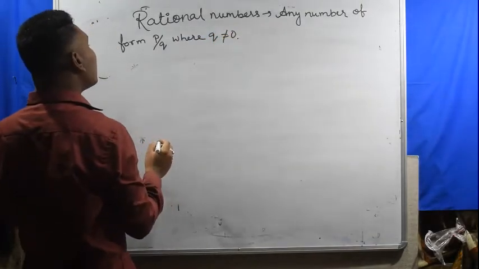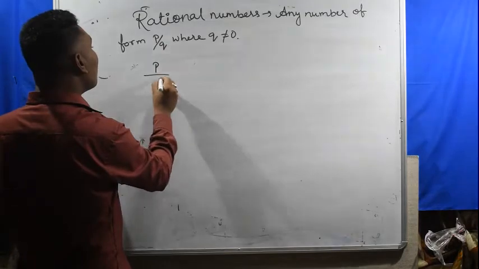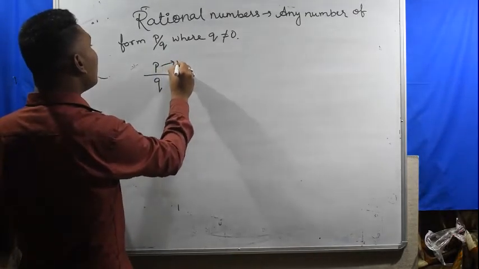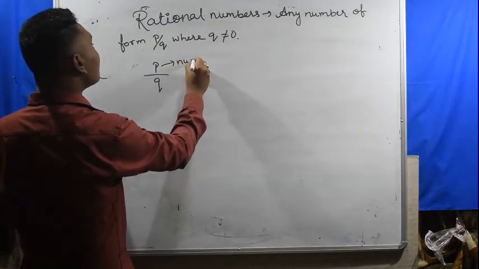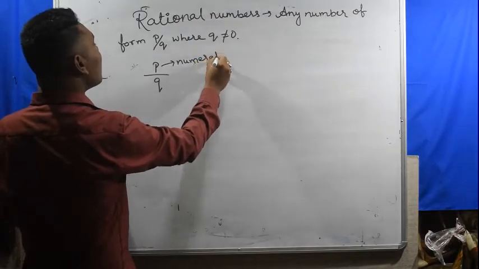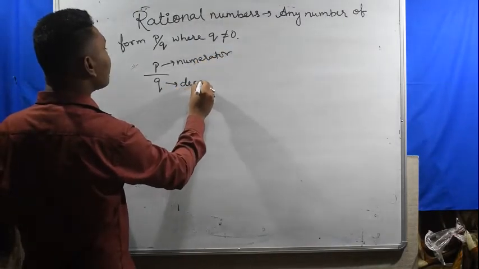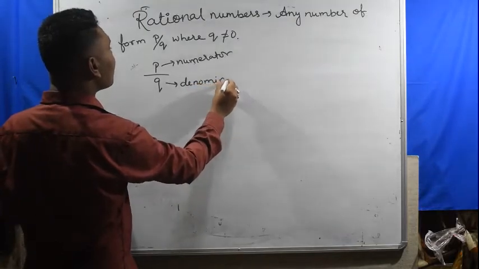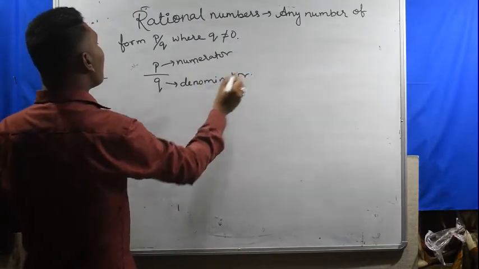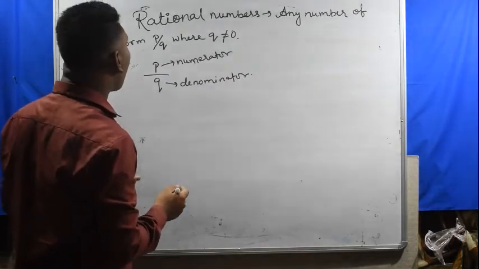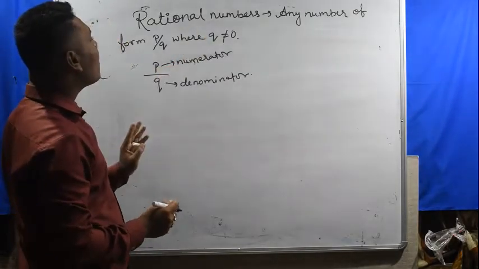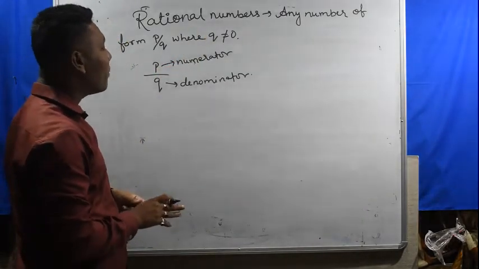P is the numerator and Q is the denominator. So a number of the form P by Q where Q is not equal to 0 is what a rational number is.